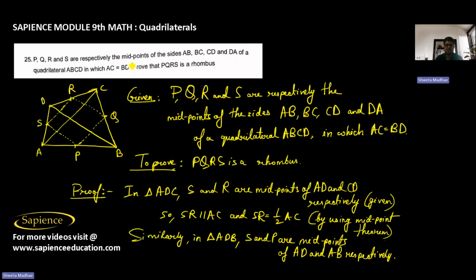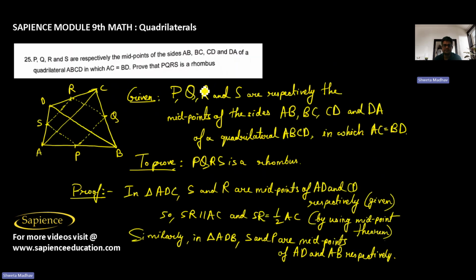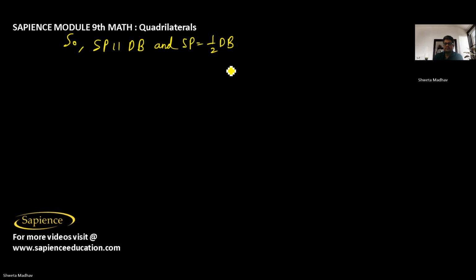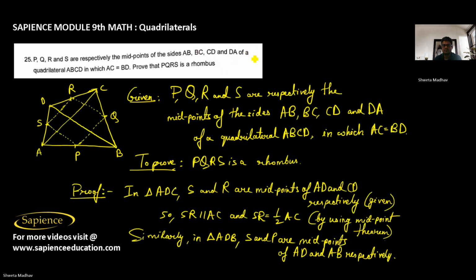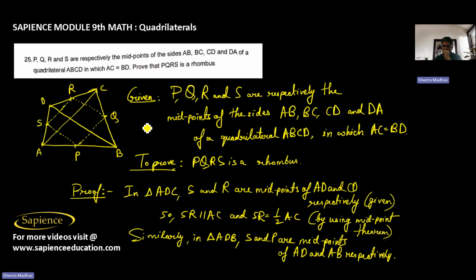So I can say that SP is parallel to DB, and SP is equal to half of DB, by using the midpoint theorem.